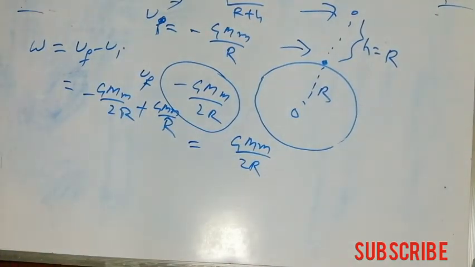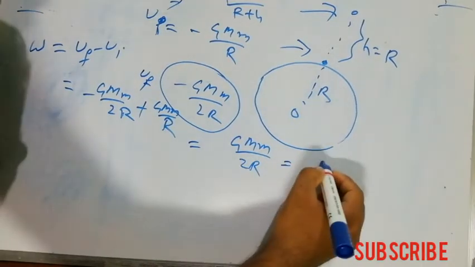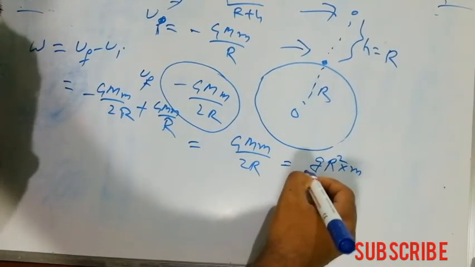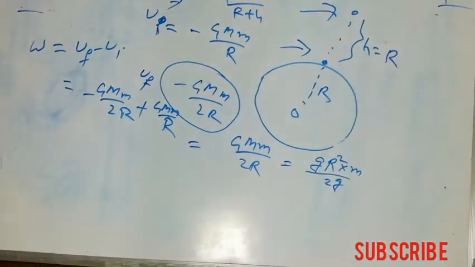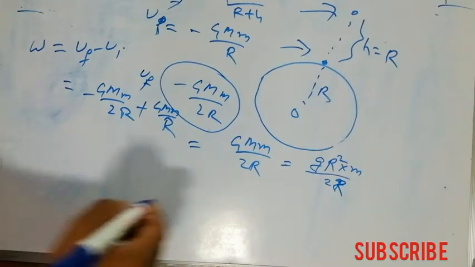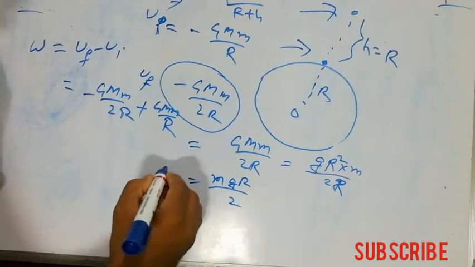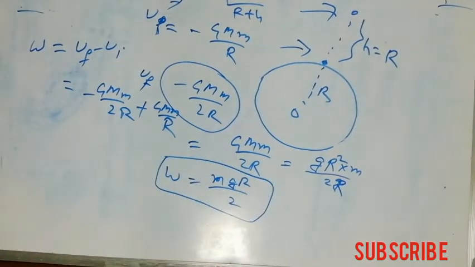Again we know that G into capital M is equal to g R square, so that is into small r by 2R. Okay, so the work done becomes mgR by 2. So the option is 3. So option 3 is the correct answer.